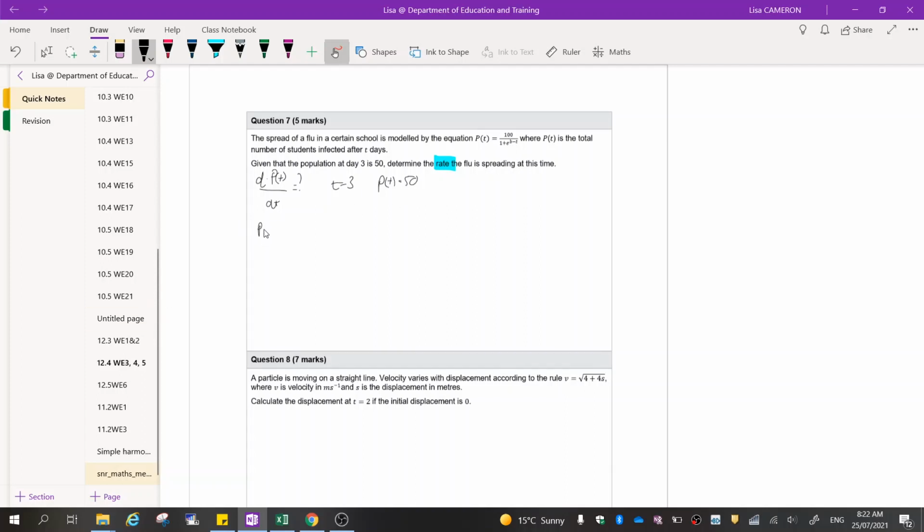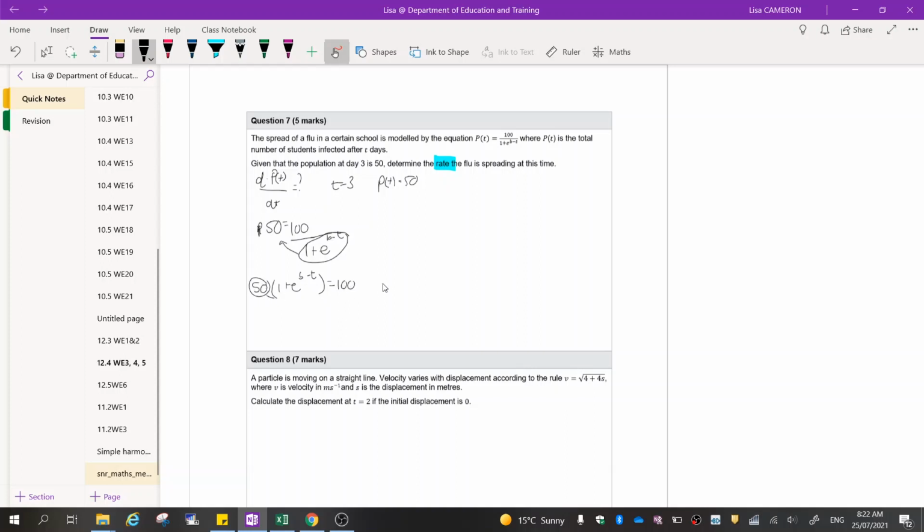So 50 is equal to 100 divided by 1 plus e^(b minus t). Now I'm going to take this whole thing from the bottom up here by multiplying it. So now I've got 50 times (1 plus e^(b minus t)) is equal to 100.